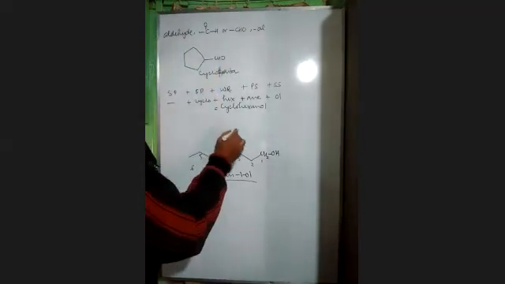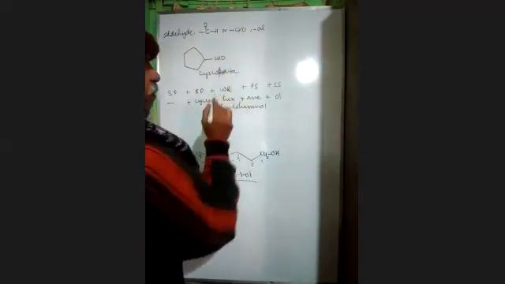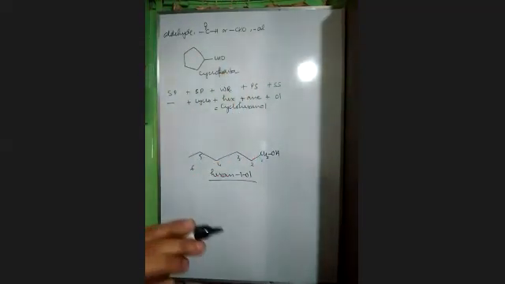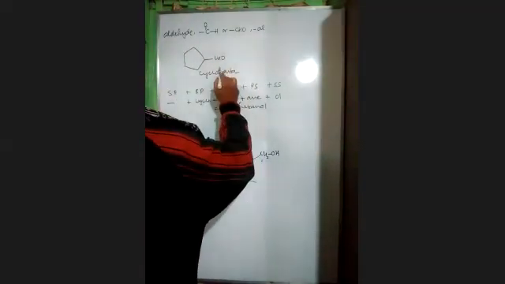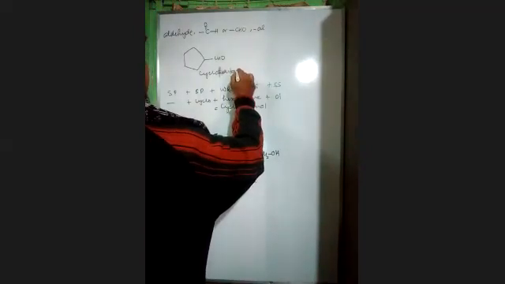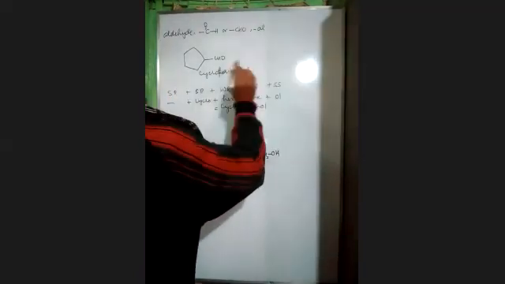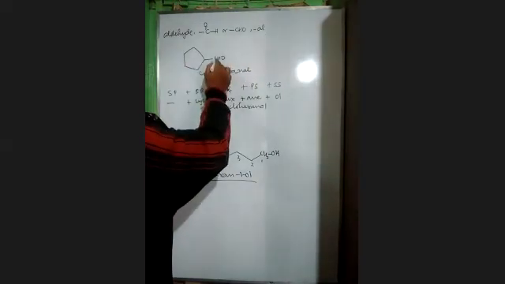So here, if you go by the normal name, what would I have written? Cyclopenta. Say I do not know how to write the name, so I write here cyclopentanal. If I write cyclopentanal, then the number of carbon should be 5 plus 1, 6.